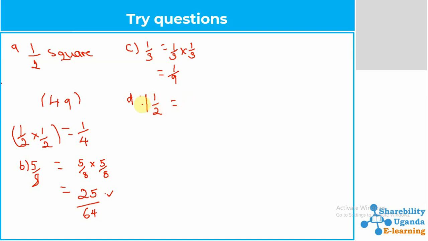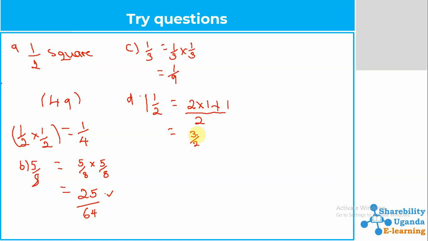We say 2 times 1 is going to be 2 times 1, then we add this 1 up here, plus 1. Then all this should be out of 2. So here now we shall be able to get 3 out of 2. So now here we've been able to get our proper fraction.